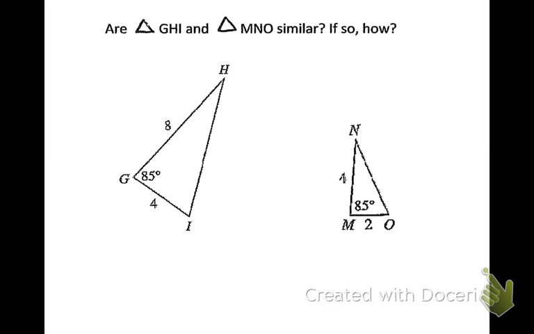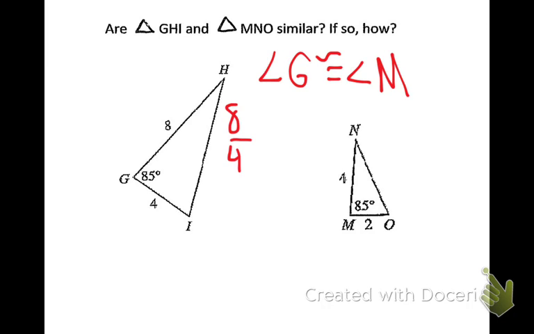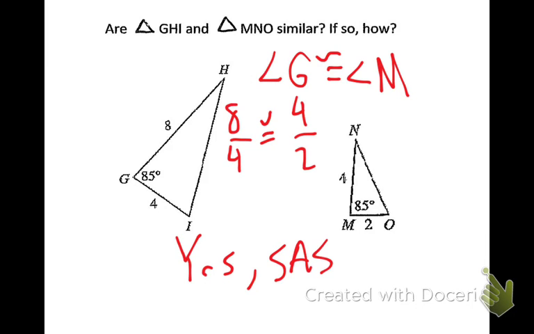So how? Here we have angle G is congruent to angle M, right? And then we've got 8 over 4 equals 4 over 2. That's true, so it's yes, by side angle side.